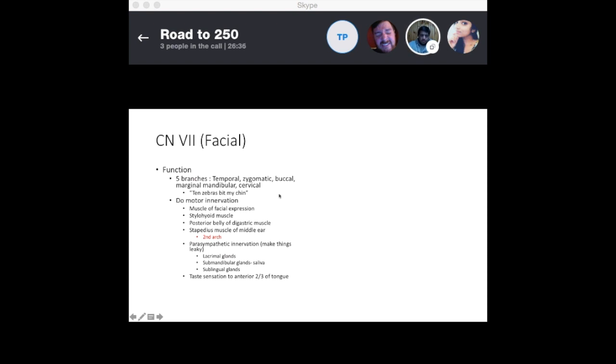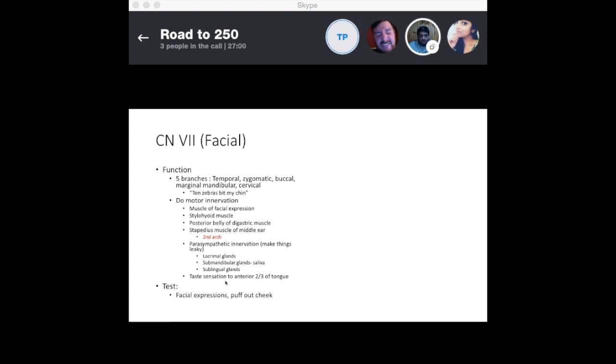And they do motor innervation: muscles of facial expression, stylohyoid muscle, posterior belly of the digastric muscle, stapedius muscle of the middle ear, and that's through the second arch. It has parasympathetic innervation and makes things leaky, and has taste sensation to the anterior 2/3 of the tongue.